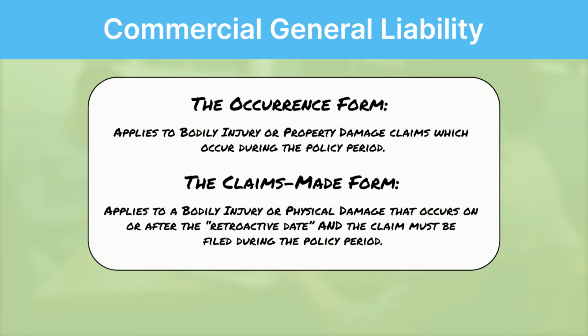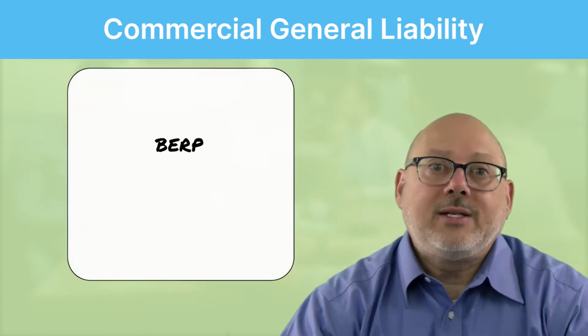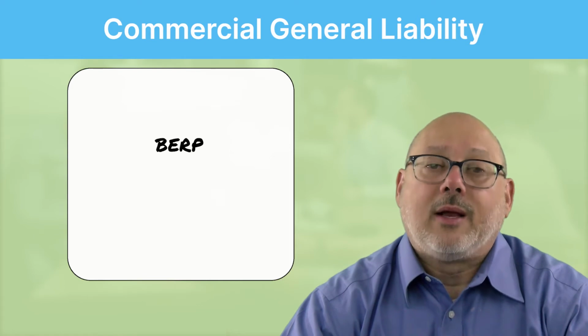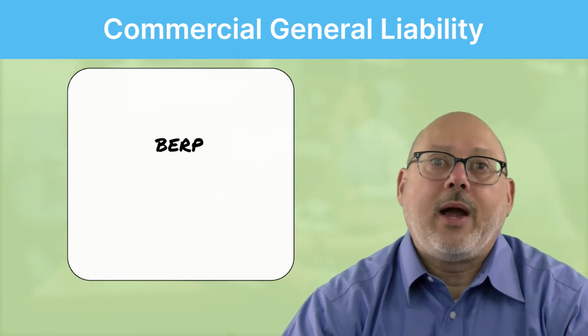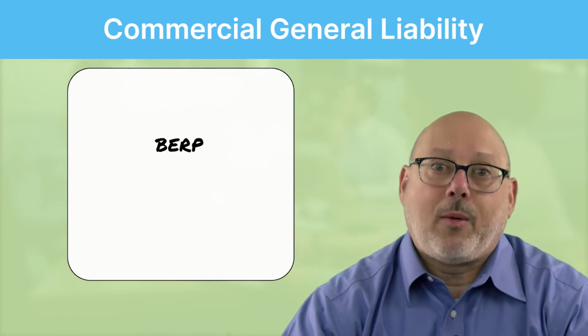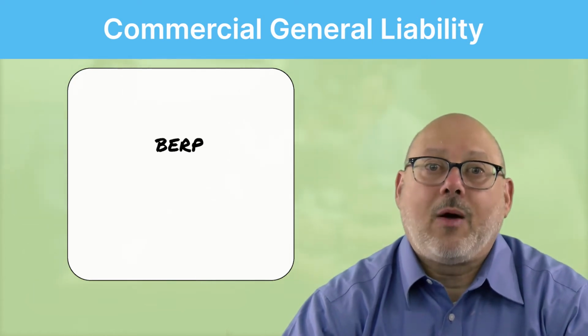Depending on how often an insured switches policies and what the insured switches to, there is a huge exposure for a coverage gap. To address this exposure, at least in part, the claims-made form provides a basic extended reporting period, commonly referred to as BERP. That's right, BERP, B-E-R-P.